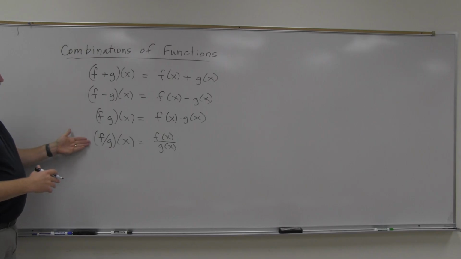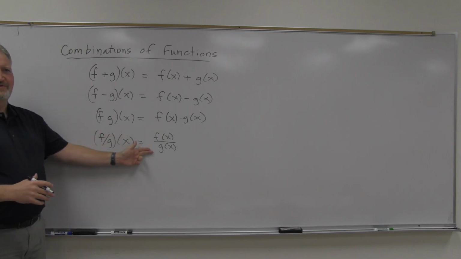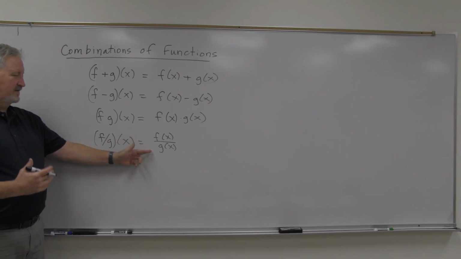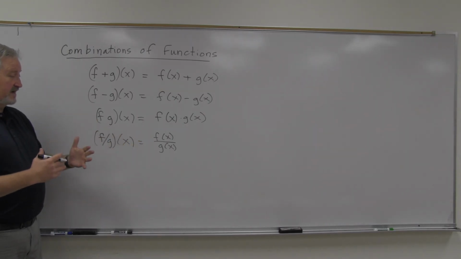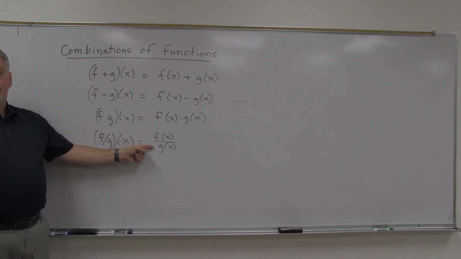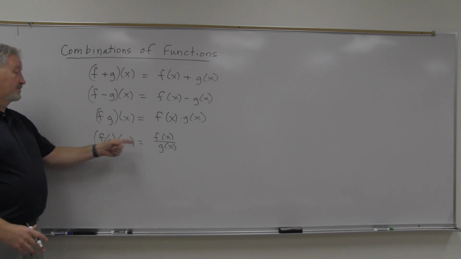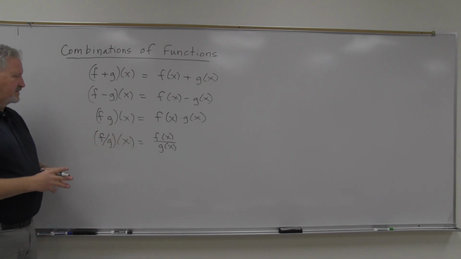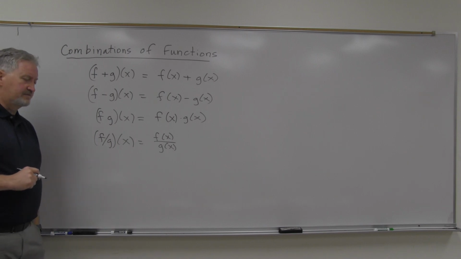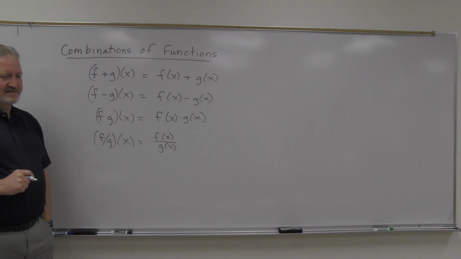But when you get to the divide, you've introduced, even if neither f nor g has a denominator, you have a denominator now. g of x is the denominator, and as we know, denominators can't be 0, so your domain is also going to have to include that. I may specify a little more about that in a second.